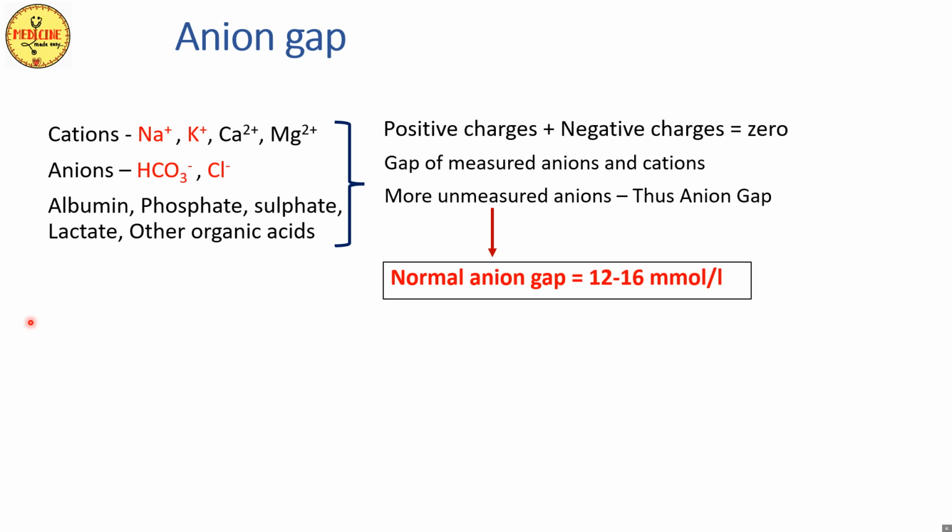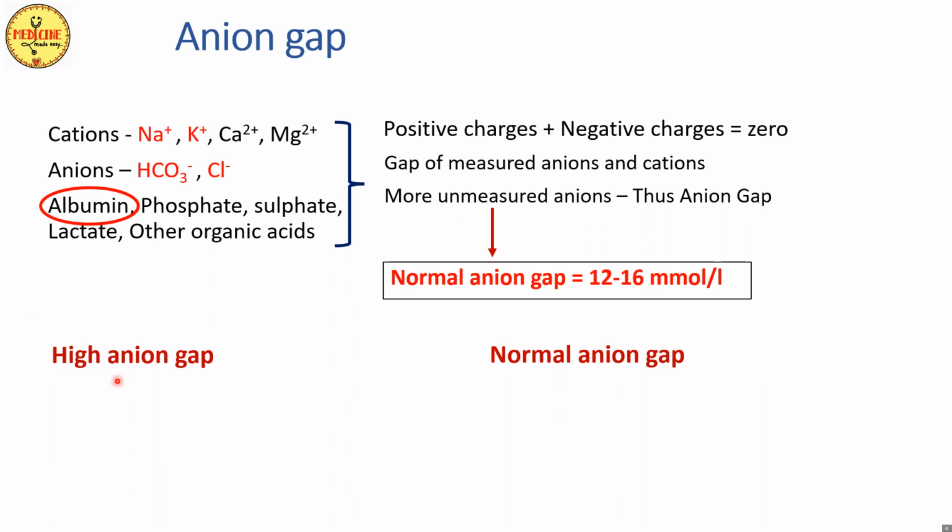Before moving on to that, I would also like to highlight that albumin is a very important compound because it forms the majority of the negative charge in our body. So any change in the albumin concentration in our body would affect this anion gap, either by increasing or decreasing it.